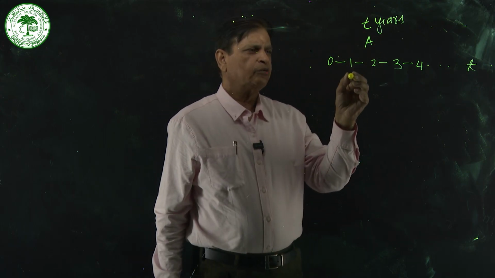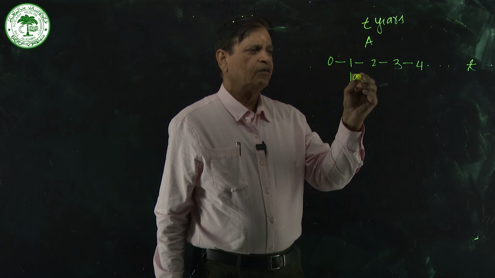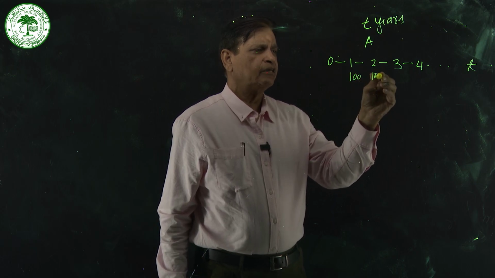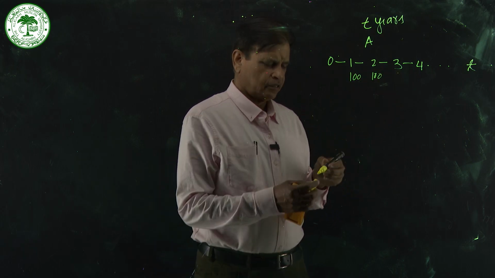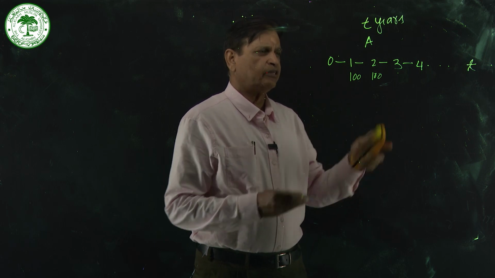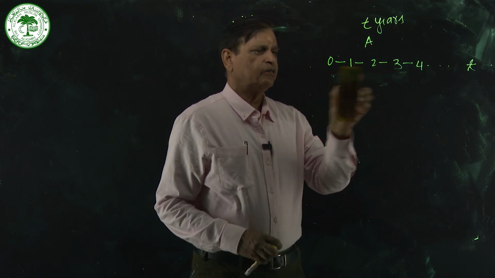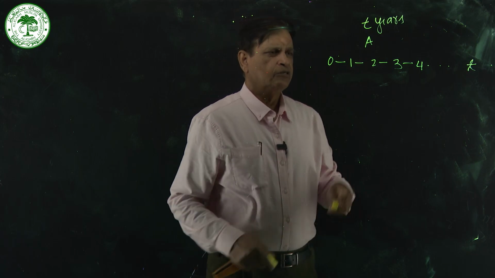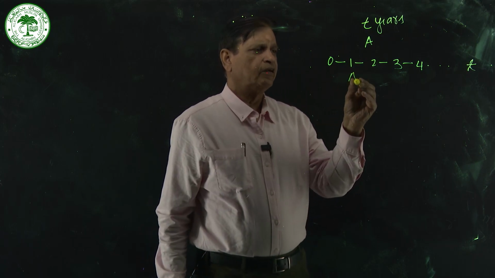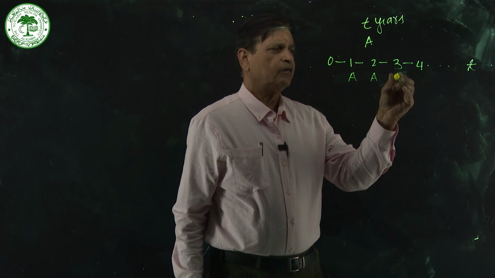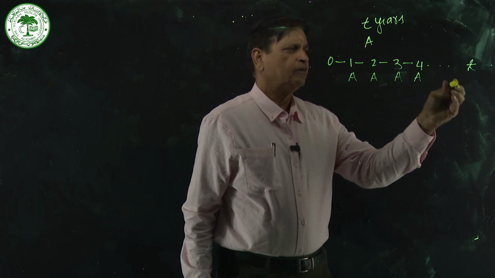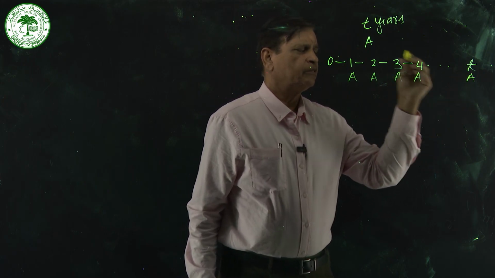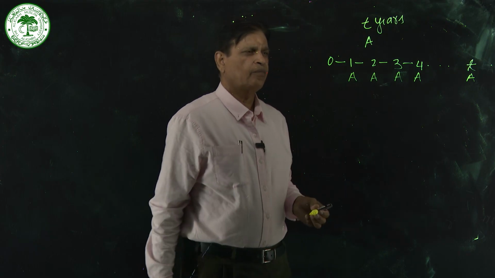So this annuity, better we write A, so we write A, A, A, A, and at the end of the 10th year, A.